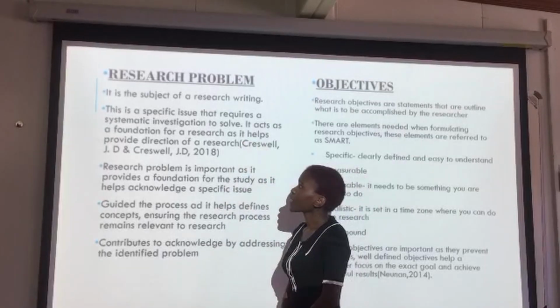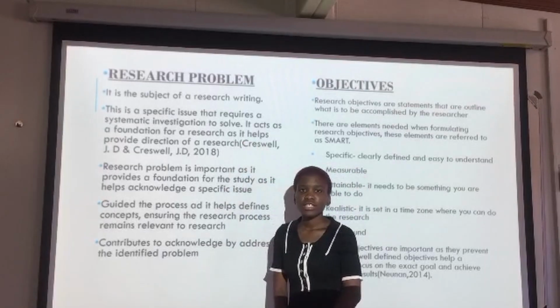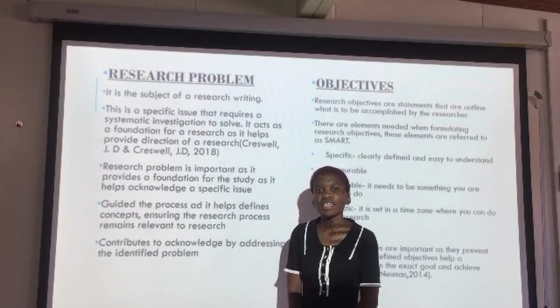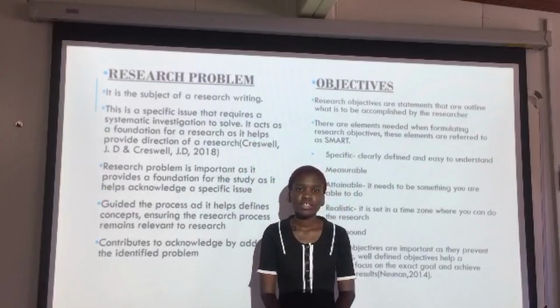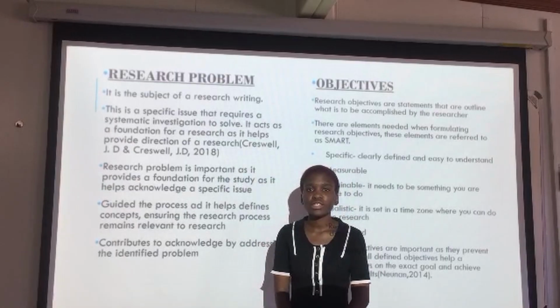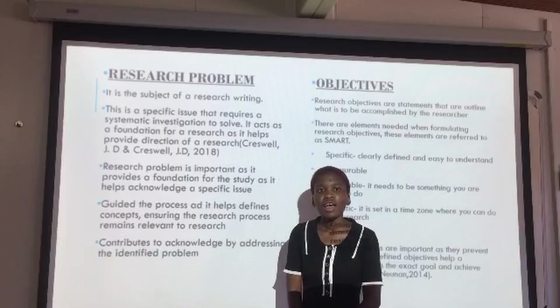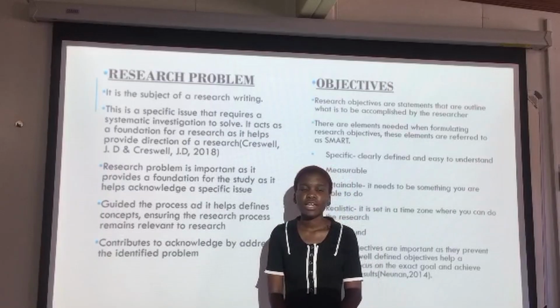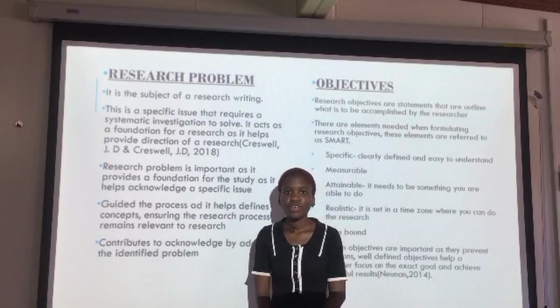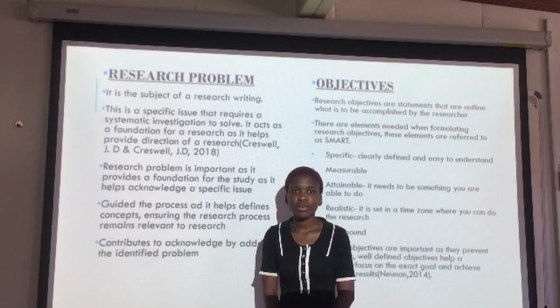Research problem. It is the subject of research writing. A research problem is an issue that the researcher wants to study or investigate. Identifying a research problem helps the researcher to be able to build a plan or foundation on how to carry out the study.